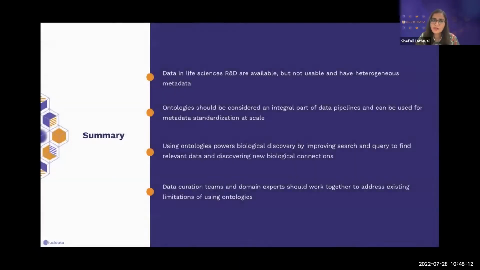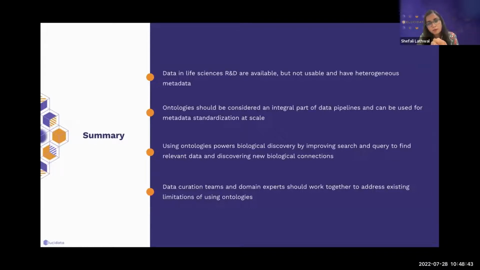And this brings me to the end of our presentation. I want to quickly summarize the ideas that we discussed today. We talked about the fact that a lot of data exists in life sciences R&D, but is not usable. And one of the reasons that it's not usable is that metadata are not standardized. We've seen that we can use ontologies as a key piece of our data pipelines to standardize metadata at scale, and we've done this for around 1.5 million data sets.